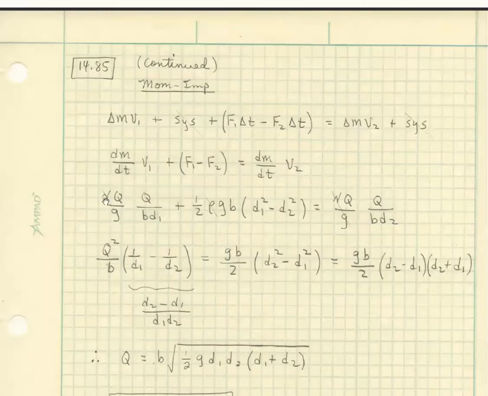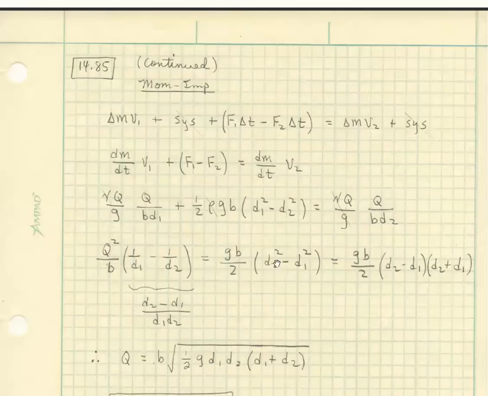The G's are already gone, so we have Q squared left up here over B D1, and the same thing coming over here, Q squared over B D2. So we bring these over and collect the Q squared terms together, and then we take this to the other side and we'll end up with G B over 2, and then D2 squared minus D1 squared, since we've taken it to the right-hand side of the equation.